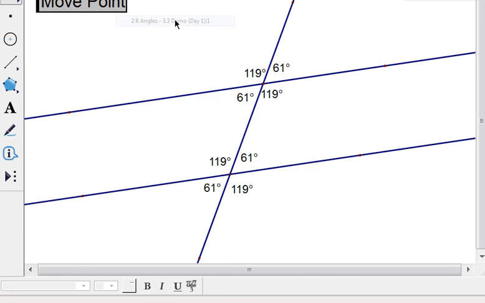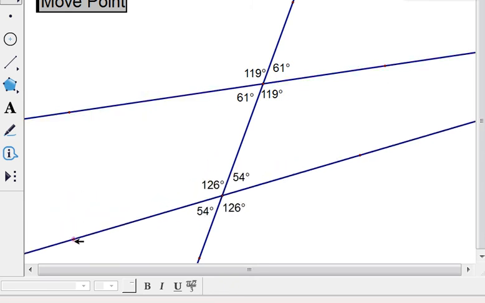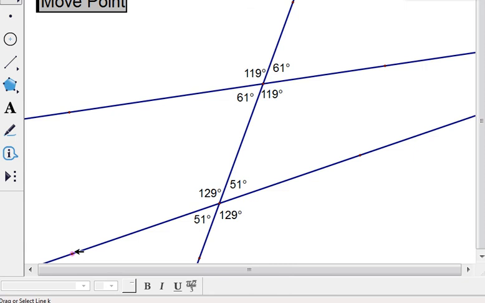Here I've isolated the angles that are given as congruent, in those positions. We see that the lines might actually be parallel, but on the other hand, they might not. Notice that these angles didn't ever change.